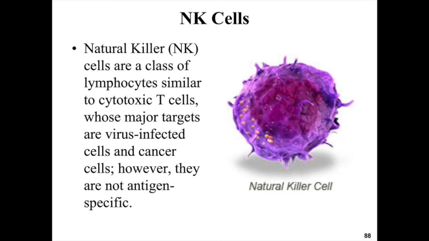The natural killer cells kill other cells in the same sense that the cytotoxic cells kill other cells. But the cytotoxic cells respond to antigens, and the natural killer cells are not driven by antigens. Both the cytotoxic T cells and the natural killer cells kill our cells, whether they are infected with a virus or altered, such as in cancer.